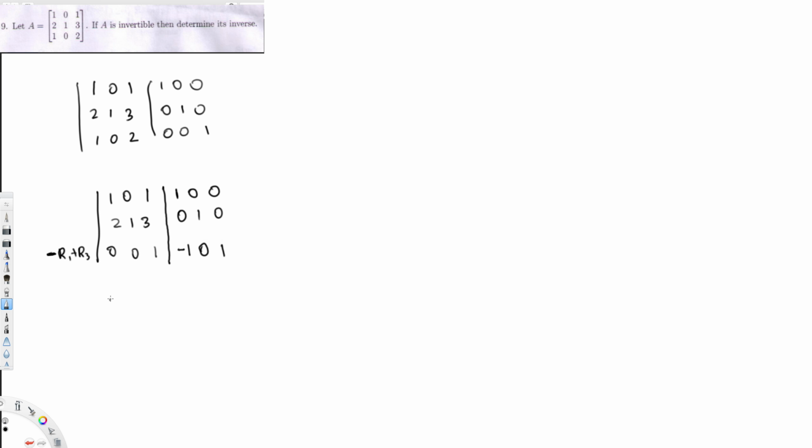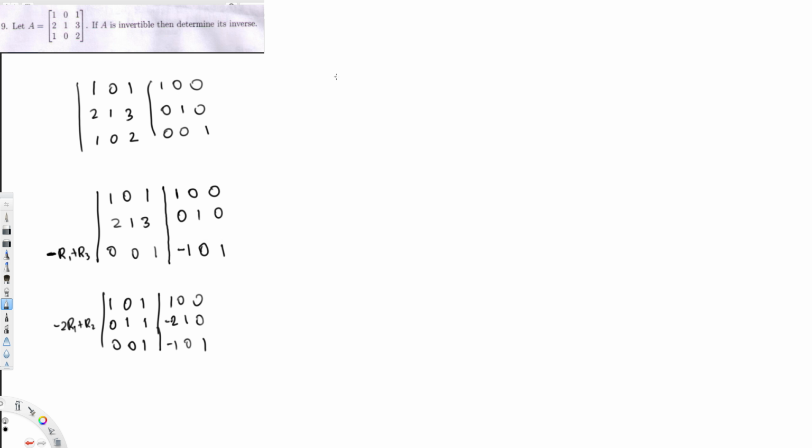So if I do this, I get 1 0 1 1 0 0, and -2 R1 plus R2 gives me 0 right here, and we are going to have 1 here, -2 plus 3 is going to be 1, and at the end, -2 times 1 is -2, and then 0 plus 1 is 1, and 0 plus 0 is 0. Then at the end we have the same thing: 0 0 1, -1 0 1.